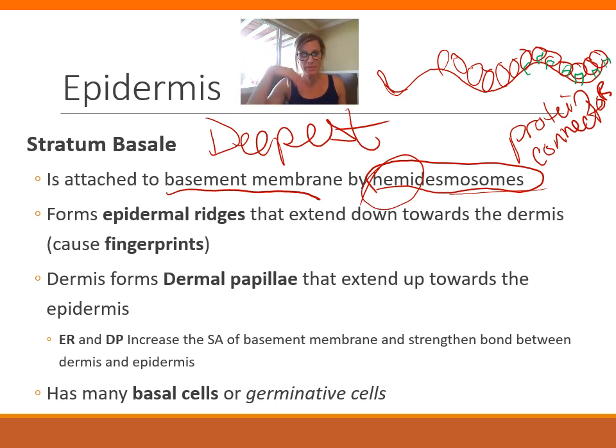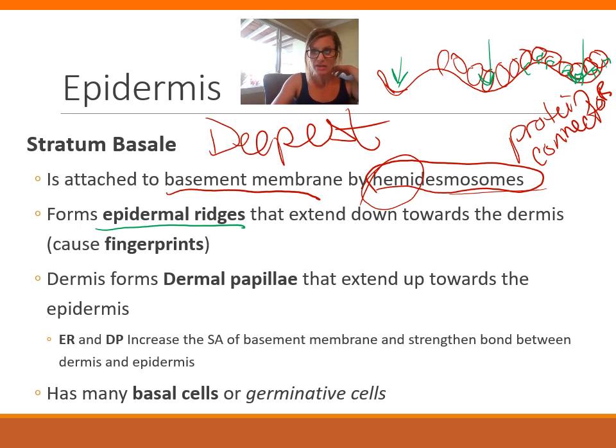Now, the stratum basale is not a flat layer, right? I always talk about the curvy line, from the curvy line up. So instead of being flat, the stratum basale has these little fingers, these little extensions that go down into the dermis or towards the dermis. Those are called epidermal ridges. So each of these little curves that go down towards the dermis is an epidermal ridge.